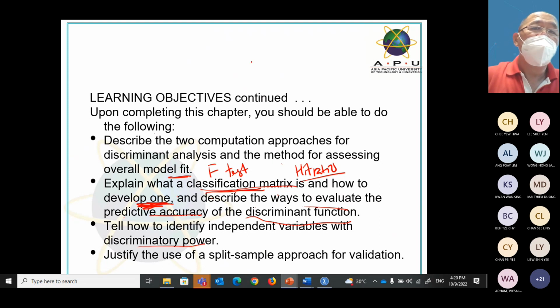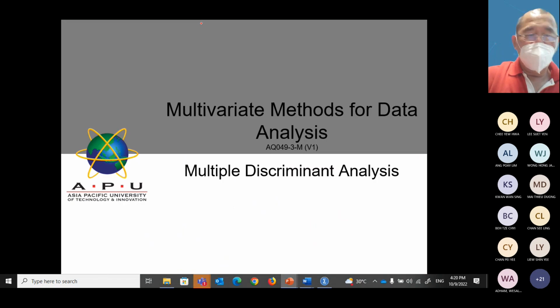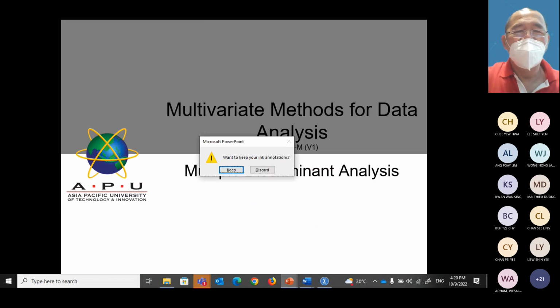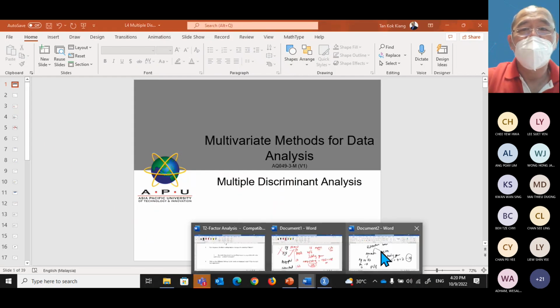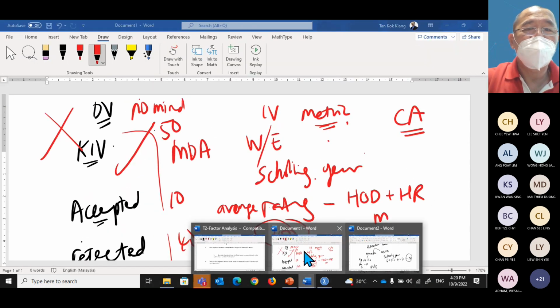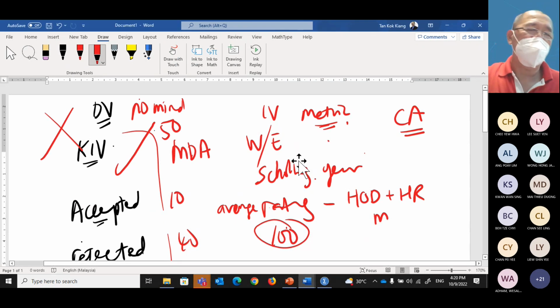Example, I think most of you have good experience to tell me which one is more important. Here we have three variables: working experience, schooling years, and also the average rating. Which one is more important to determine the status of the applicant?